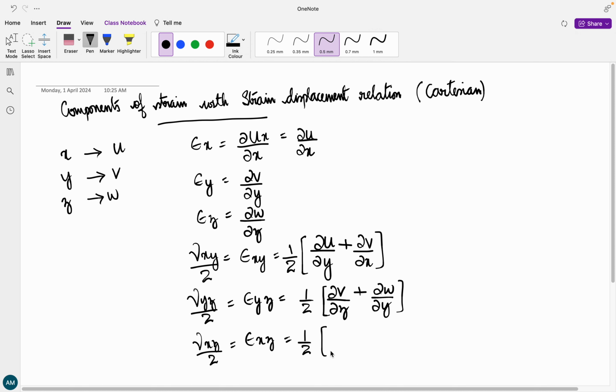First write the numerators. For x it is u, for z it is w. Next, the denominators, x and z. So this is z and then this is x. So these are nothing but the strain displacement relationships. Okay, next.